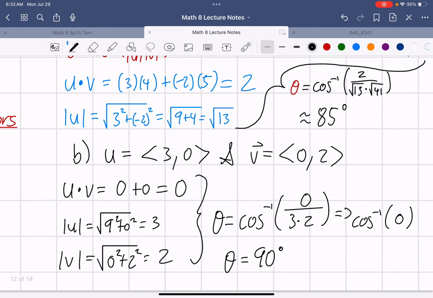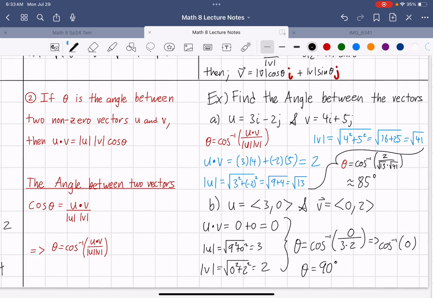Now, remember, when two lines make a 90-degree angle, those vectors in this situation are perpendicular to each other. Another word you might hear is that the two vectors are orthogonal to each other. It has to do with them being perpendicular.